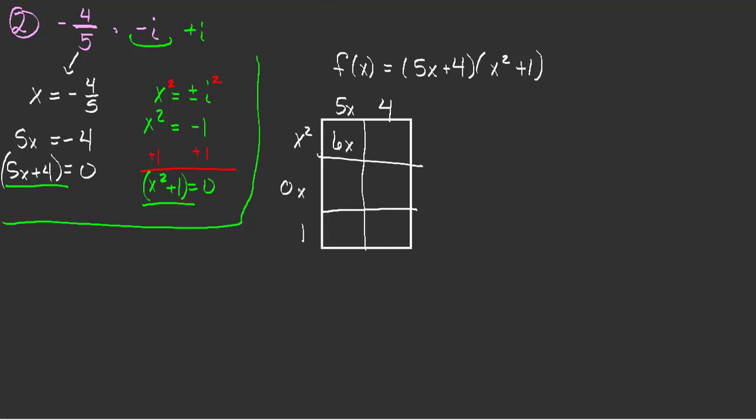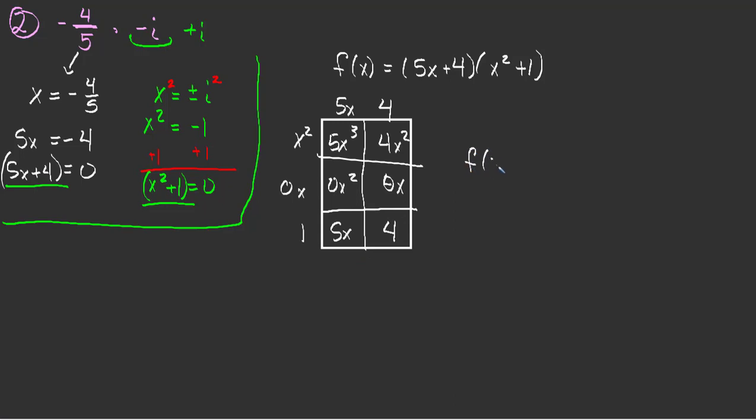Oh, that's not 6x, 5x squared. Excuse me, 5x cubed, 4x squared, 0x squared, 0x, 5x, and 4.